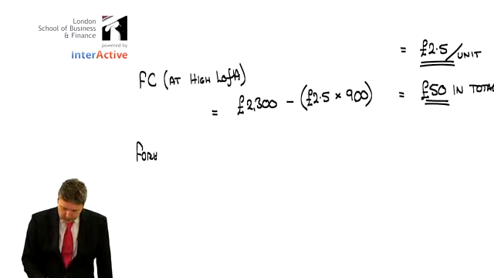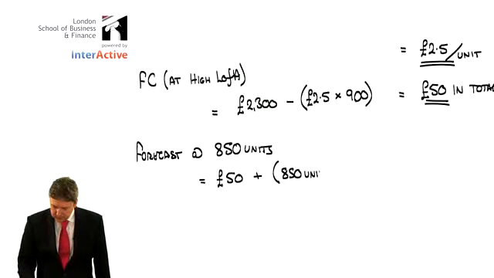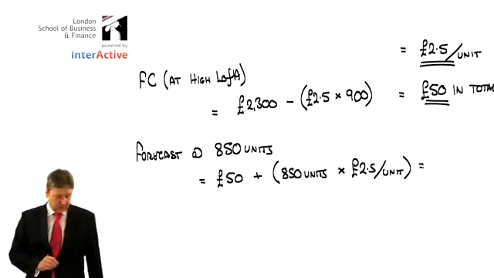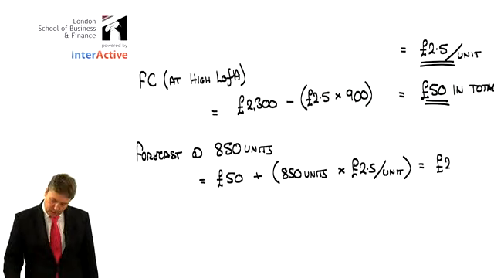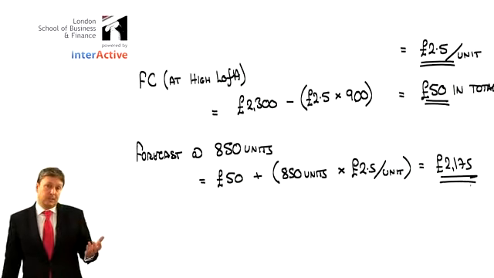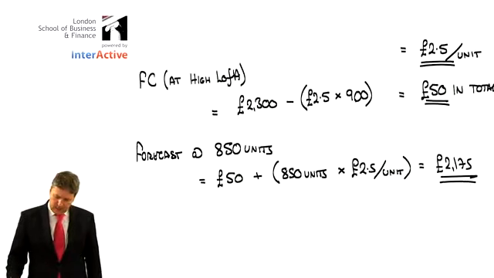If we want the forecast at 850 units, all we would say is that we have the fixed element, £50, plus 850 units, each at £2.5 per unit, and that will give us the total of 2,175. So, using this information, that is how we would use the high-low method.